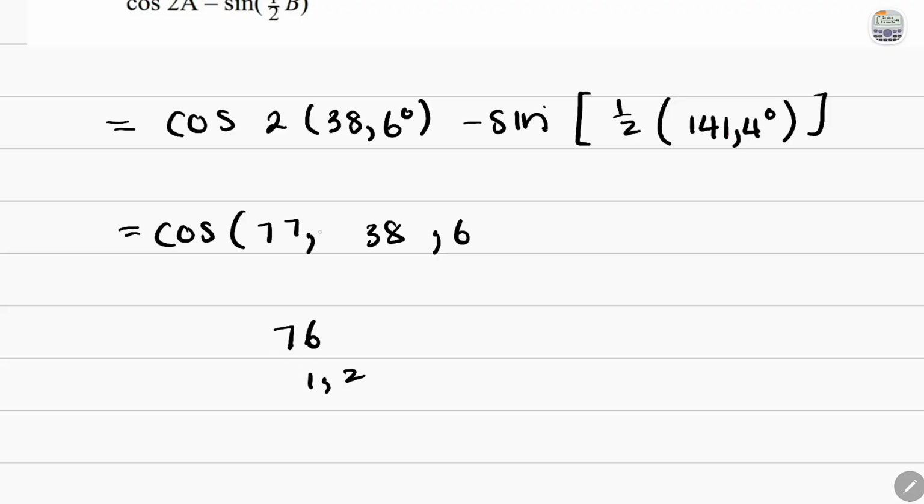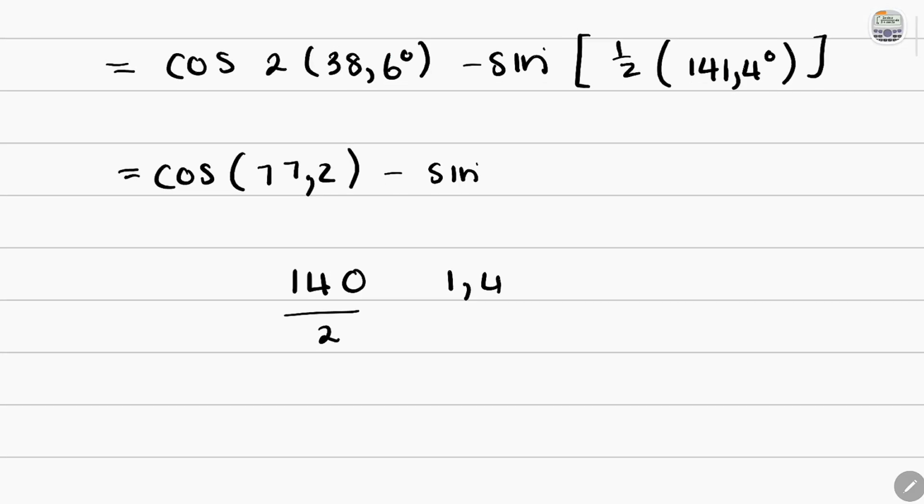And then we have minus sine. What is a half of 141.4? I'll just separate it into 140 and 1.4. If you divide 140 by 2, you get 70 degrees. Divide 1.4 by 2, you get 0.7, because it's like 14 divided by 2. So we're going to have 70.7. Of course, these are also just angles, degrees.